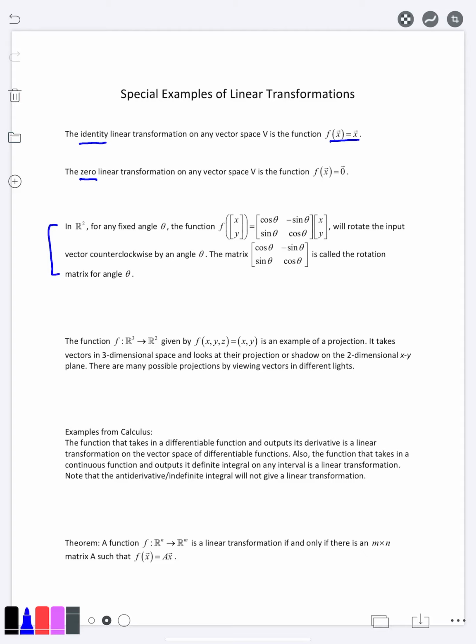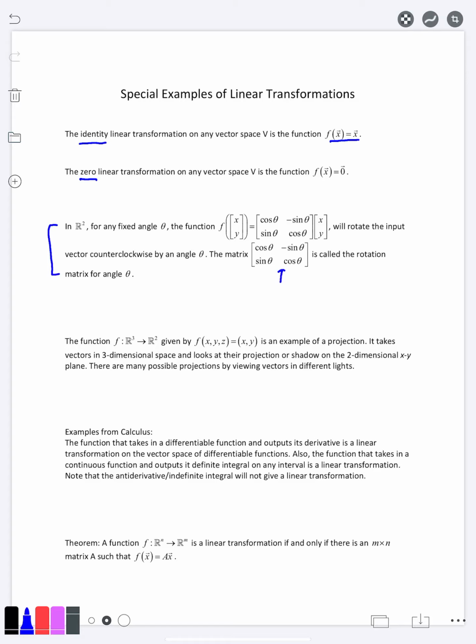We're going to use this matrix here, cosine theta, minus sine theta, sine theta, cosine theta. Now that is for a specified value of theta, whatever it may be, 30 degrees, 90 degrees, whatever your favorite angle is. If you pick a different angle, you're going to get a different matrix. But regardless, this is the general formula for how you do a rotation in R2.